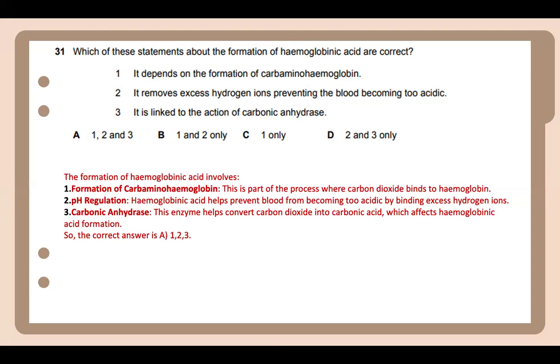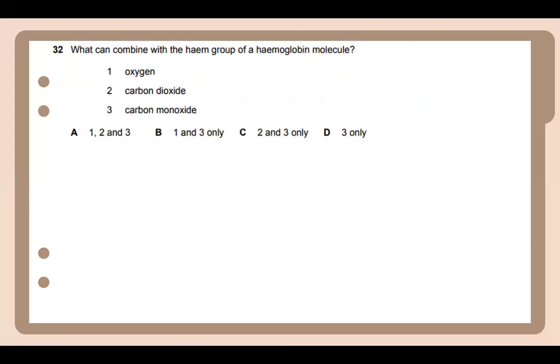Hemoglobinic acid helps prevent blood from becoming too acidic by binding excess hydrogen ions. And finally, statement 3 is also considered correct. We have carbonic anhydrase. This enzyme helps convert carbon dioxide into carbonic acid, which affects hydrogencarbonate formation.